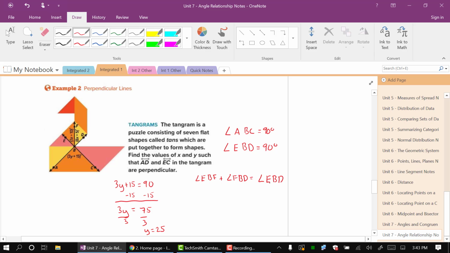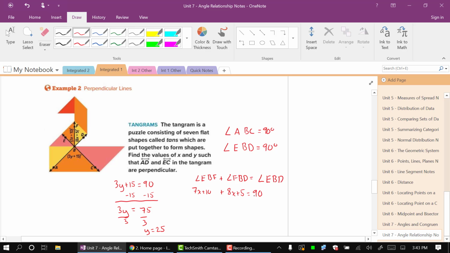Those two small angles, this angle right here, which is adjacent to this angle right here, those two put together give you the 90-degree angle. So this is going to be 7x plus 10 plus angle FBD is 8x plus 5, equals angle EBD, which we said is 90 degrees.